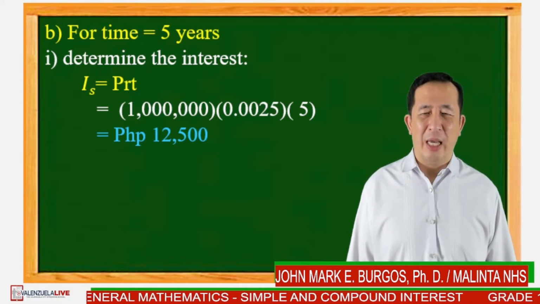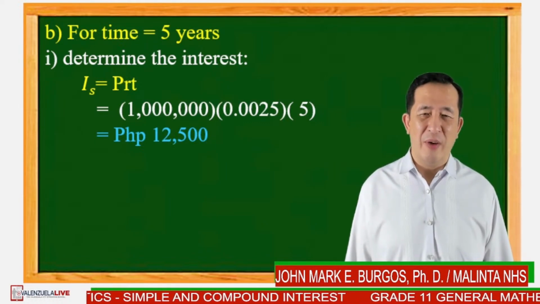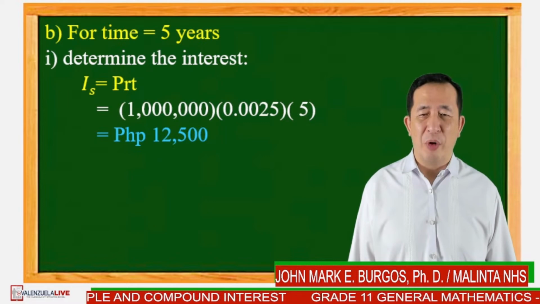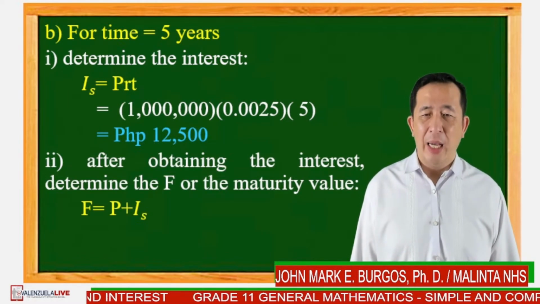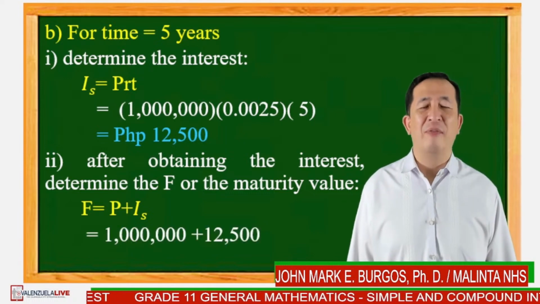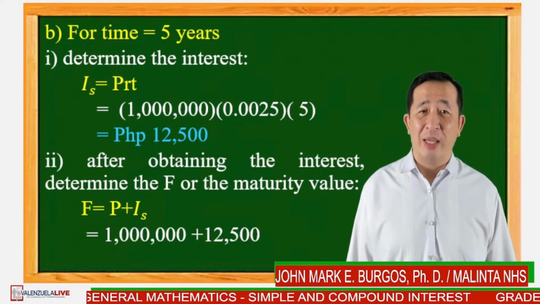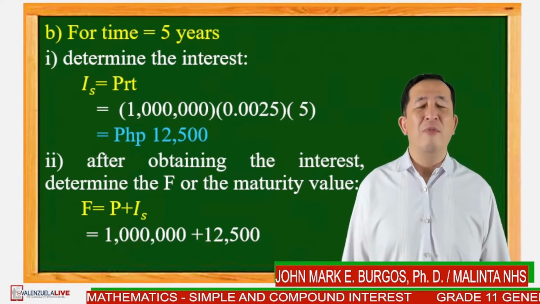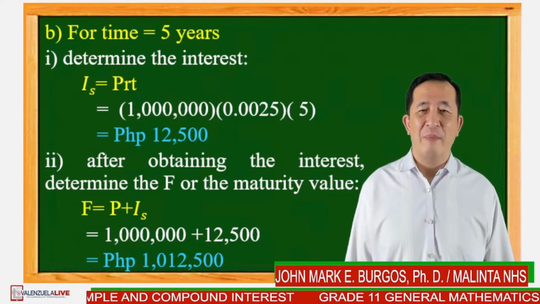After obtaining the interest, again, we have to determine the F, or the maturity value. So we have to use the formula F is equal to P plus I, or substituting the value, we have 1 million pesos plus 12,500. The maturity value will be 1,012,500 pesos.